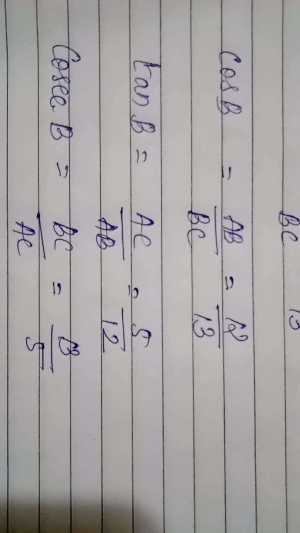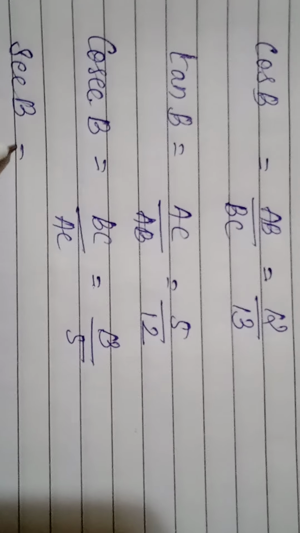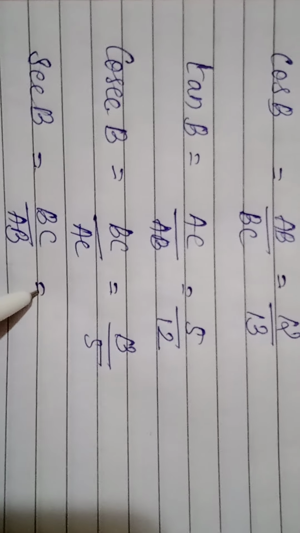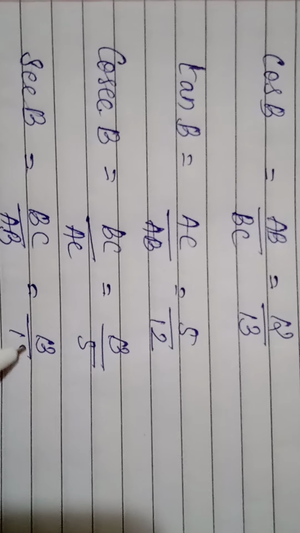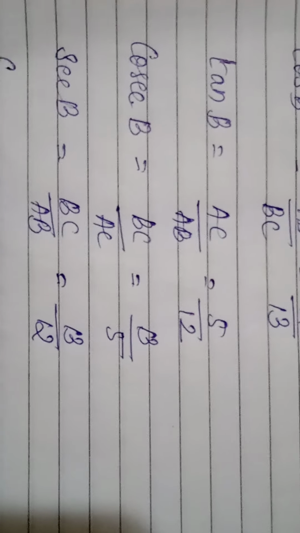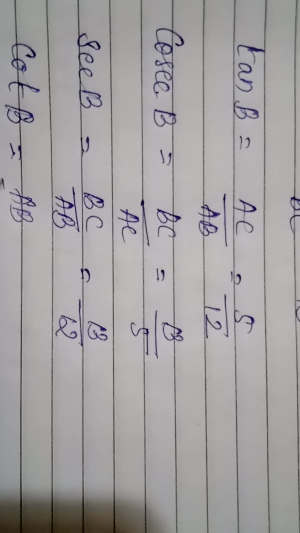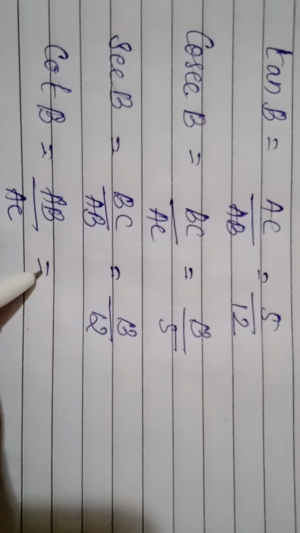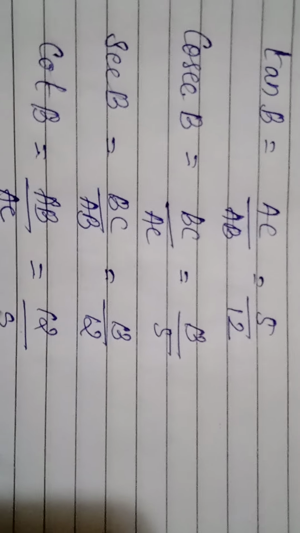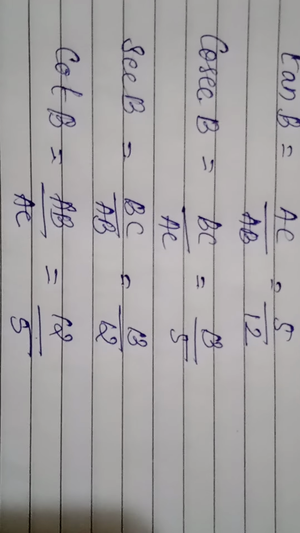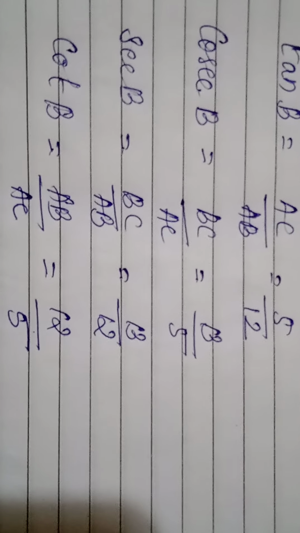Next is sec B, that is BC by AB equals 13 by 12. The last one is cot B equals AB by AC equals 12 by 5. Understood? In this way we are finding the six trigonometric ratios.